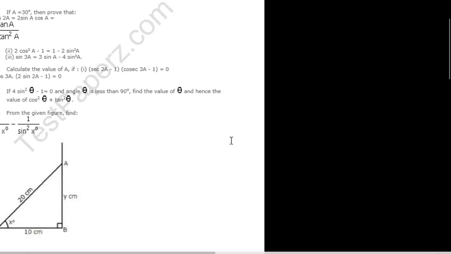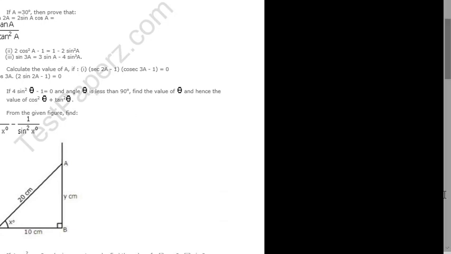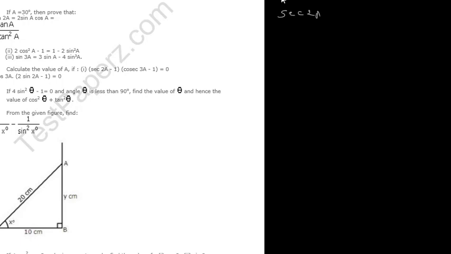Okay. What is the question? We have to find the value of a if sec 2a minus 1 into cosec 3a minus 1 is 0. So this is given and I have to find the value of a.